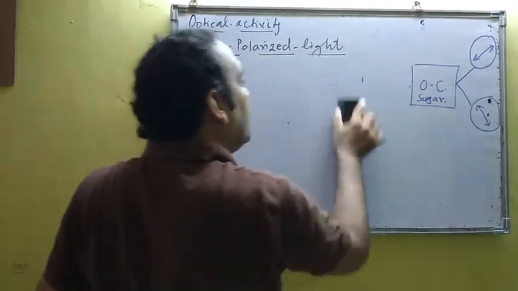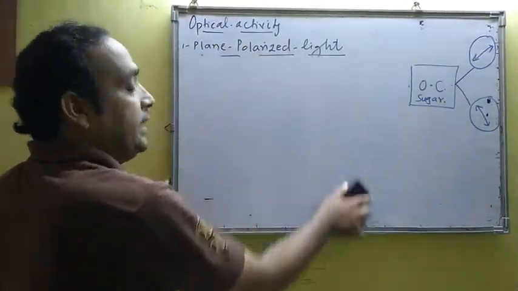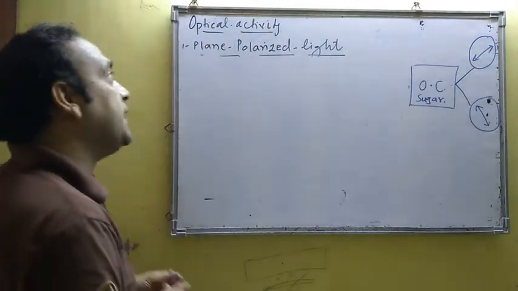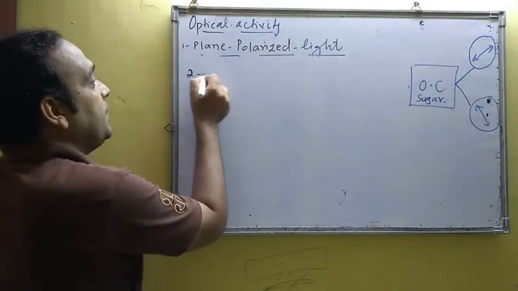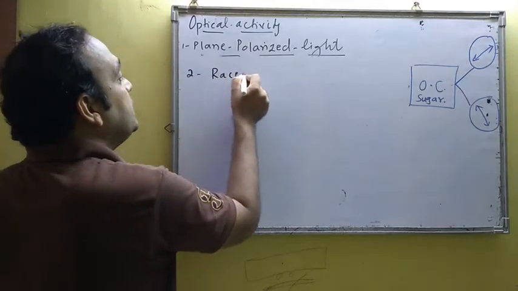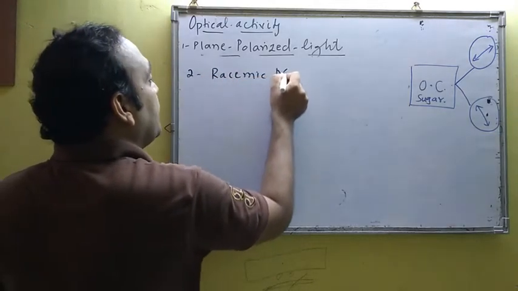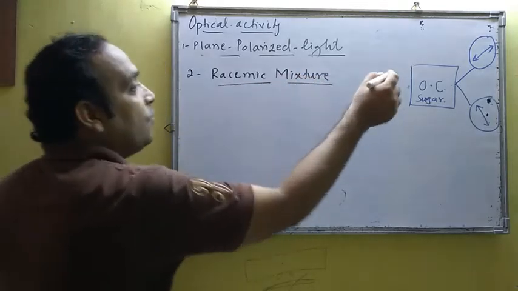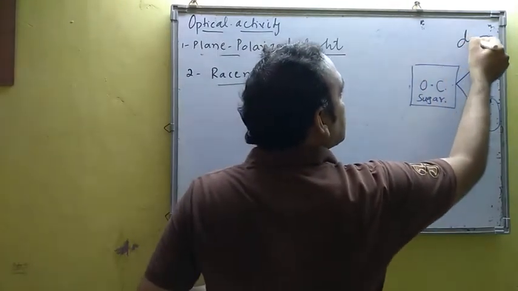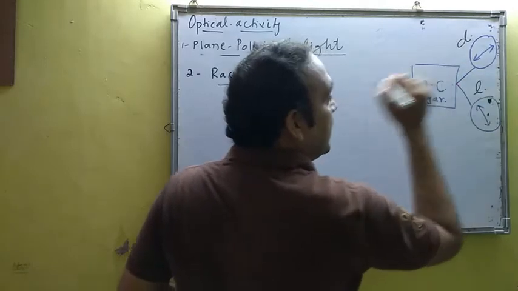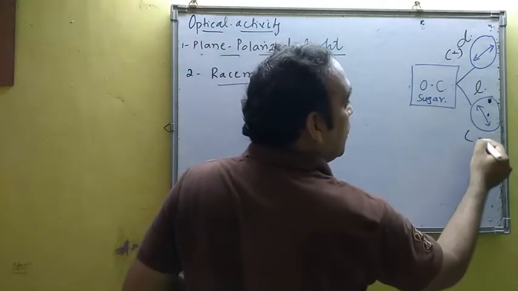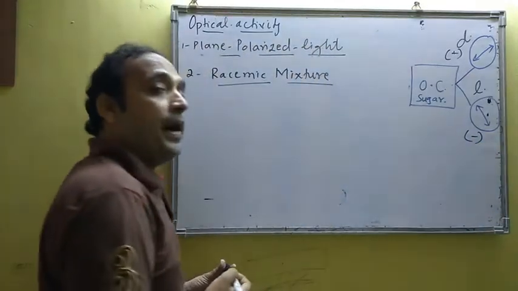Next part of our discussion is racemic modification, or what is a racemic mixture. Here we have discussed dextrorotatory and levo. Dextrorotatory is represented by a plus sign and levo by a minus sign.